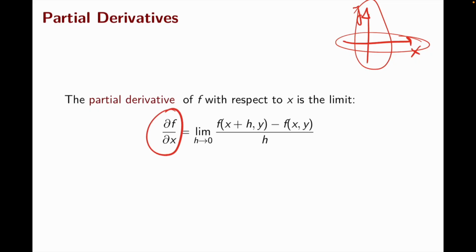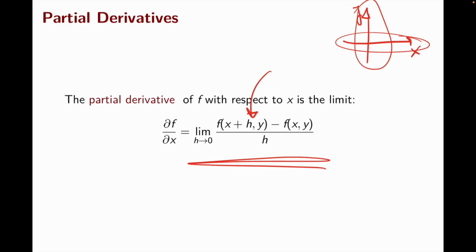This is going to be the notation for the partial derivative of the function f with respect to the x-axis, so with respect to the variable x. And the definition of the derivative in that direction is going to be the familiar definition of derivative that you know, but the increment is going to happen only in the variable x.